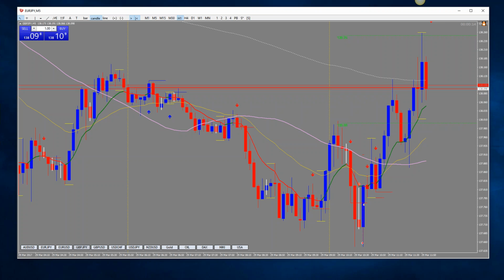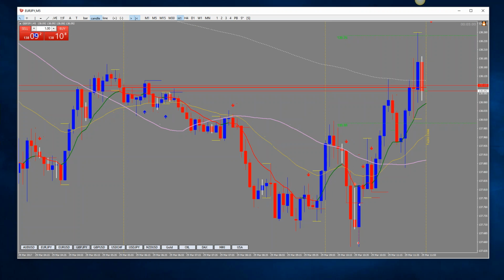The tighter the spread, the better. The pound yen is probably the biggest spread one that I have, and I don't trade it very often, unless I see something in a higher time frame that really tells me it's going to be a worthwhile endeavor, that it's going to go 10 or 15 pips.